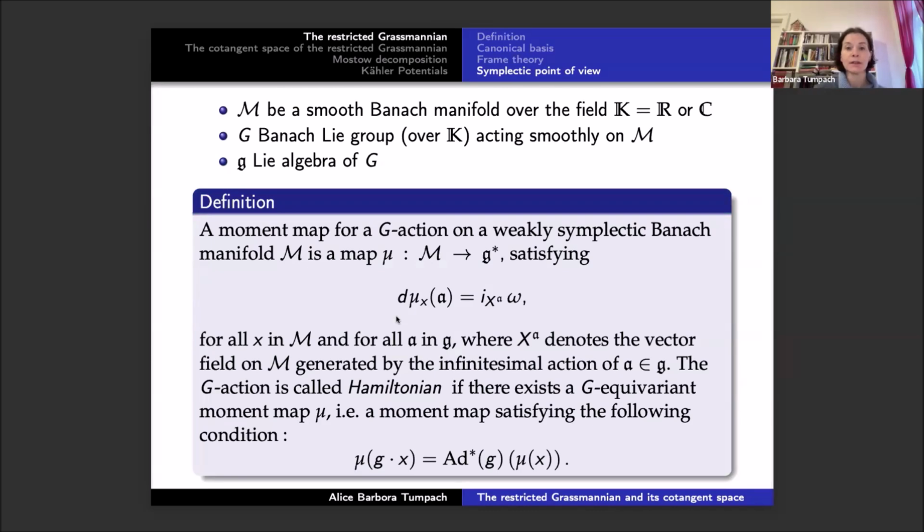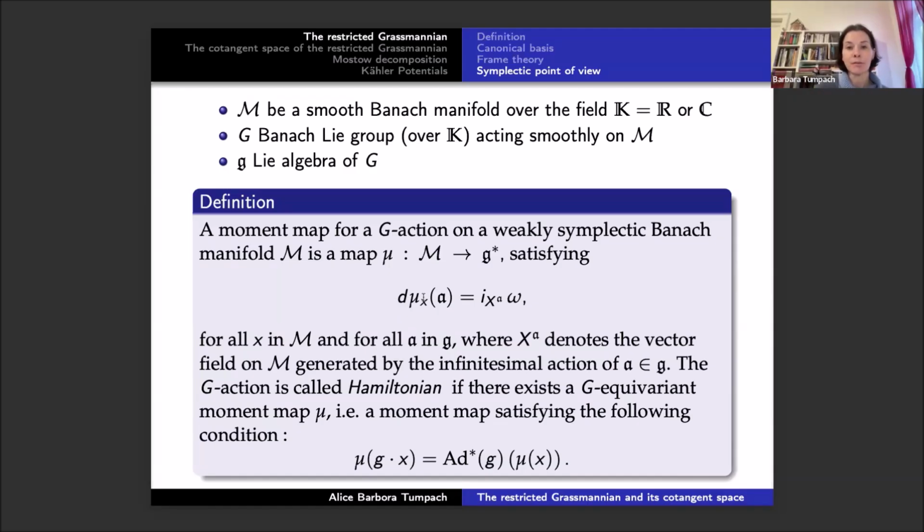And we suppose that the action preserves the weakly symplectic form of the Banach manifold M. Then we say that the moment map for this action is a map mu from M to the dual space of the Lie algebra of G, which satisfies the following.